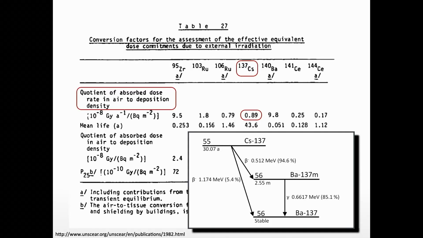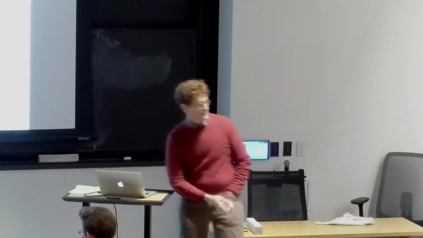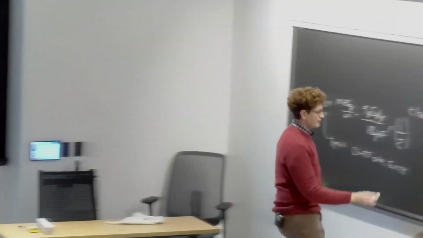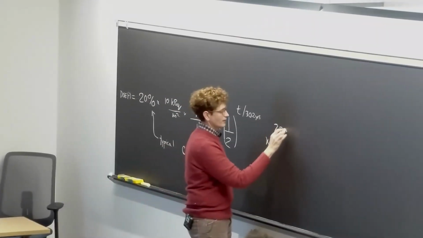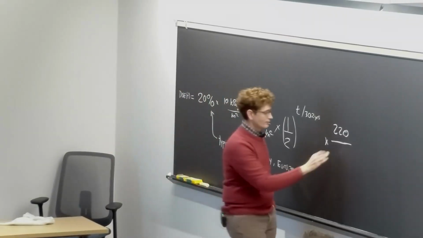All right, now that's only the ground shine dose. This is dose commitments due to, see the top of the slide, external irradiation. What about the stuff that you eat or that you breathe? Well, the UN also has data for that. They have these external radiation, inhalation, ingestion, and total. And so what we can do is calculate the other two by just taking the total, which is given as 220, and dividing it by the external, which is 150.